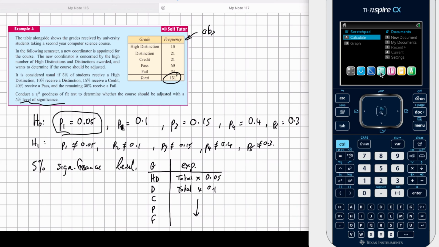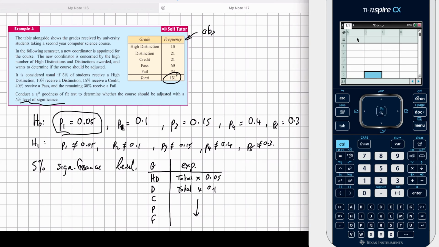Because it's a goodness of fit, we're going to be using spreadsheets, and we need to input our observed frequencies. So we're going to go for a high distinction, a 16, a 21, a 21, a 59, and a 34. I'm going to be lazy. It's a spreadsheet, so I'm going to say equals 151 times 0.05. There you go, 7.55.